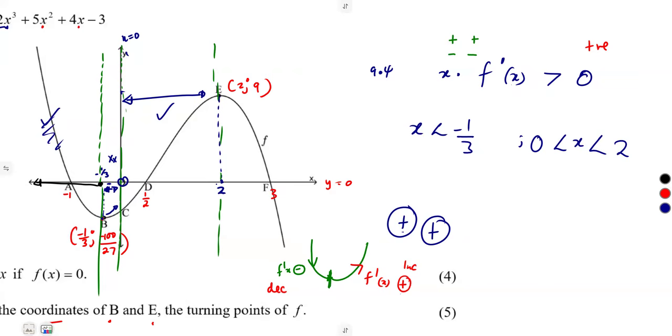Another part that we must consider, because 2 is a critical value, is values greater than 2. What is happening for values that are greater than 2?